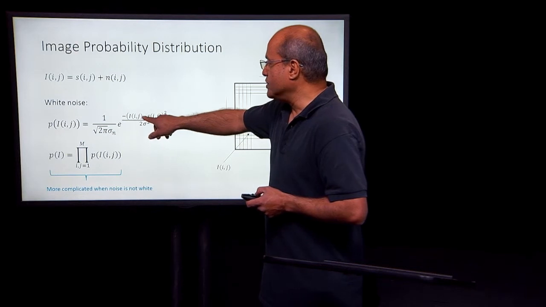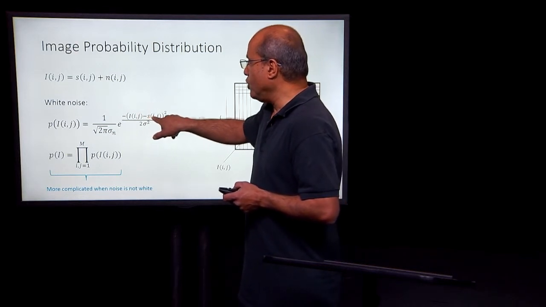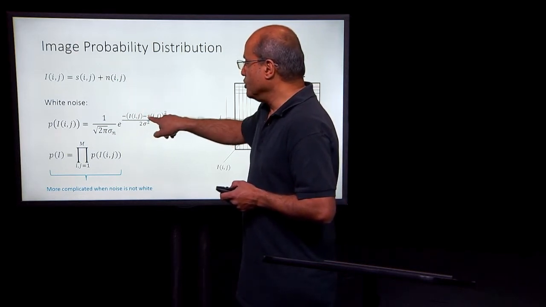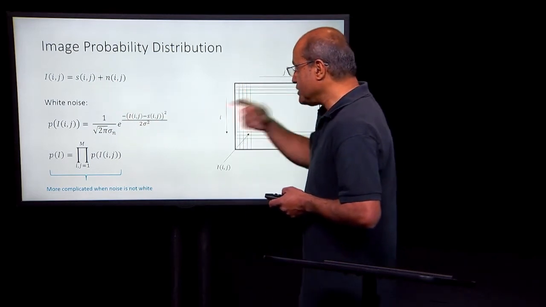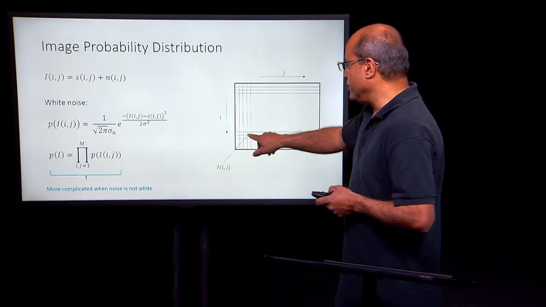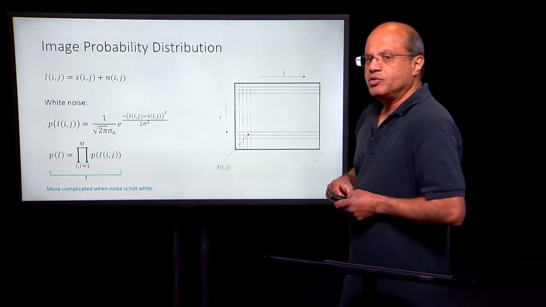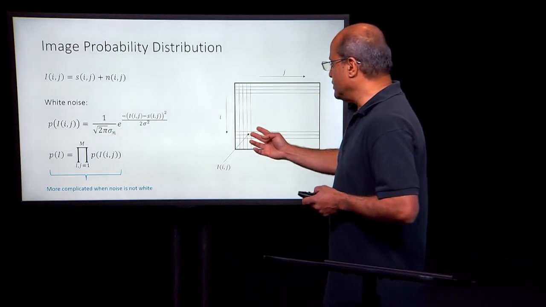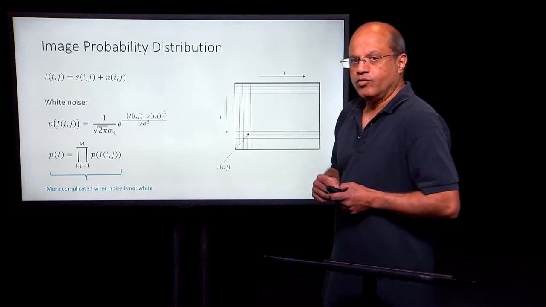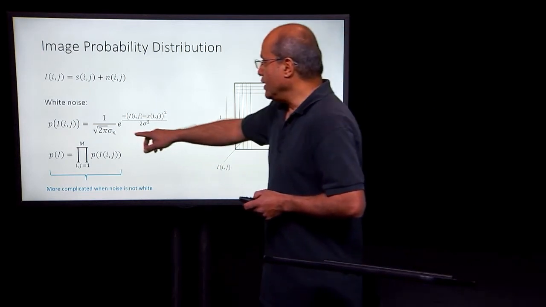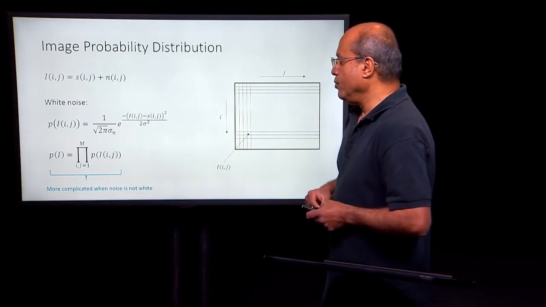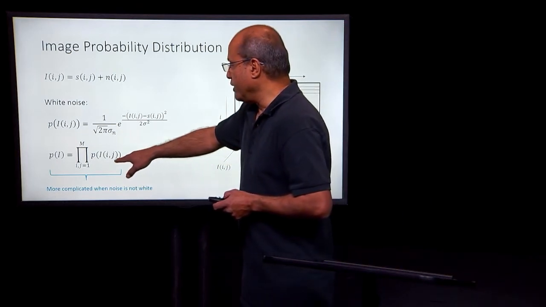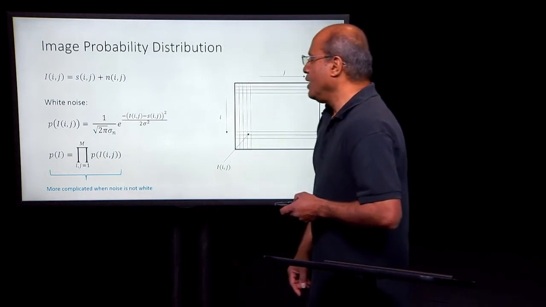All that happens is that the mean shifts from 0, noise at zero mean, to a mean equal to the signal. That's the probability density of a single pixel. If you assume the noise is white, meaning it is not correlated between 2 different pixels, then the probability of the entire image simply becomes a product of the probabilities of every pixel.